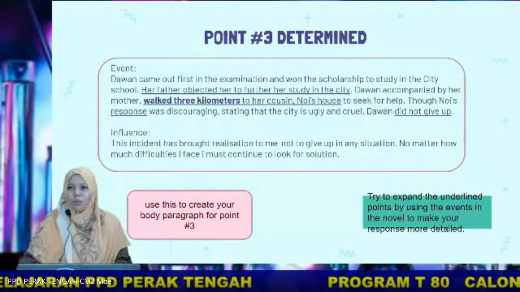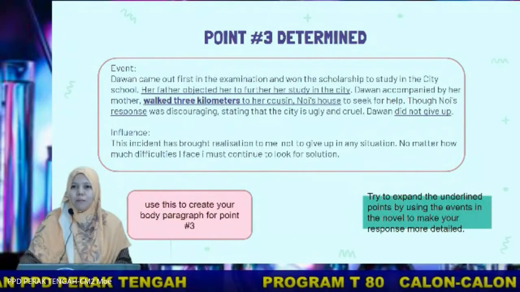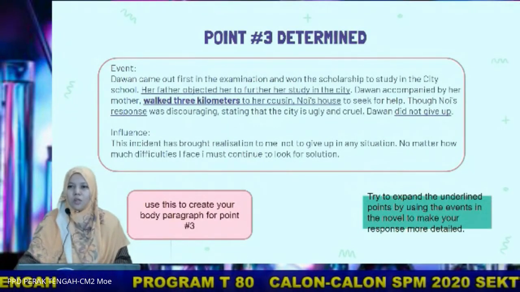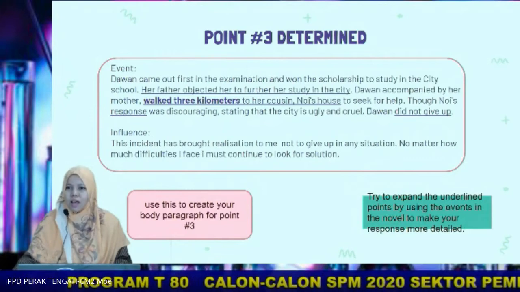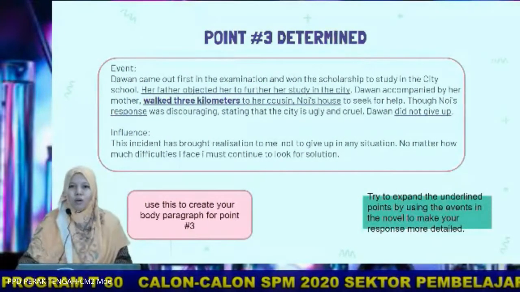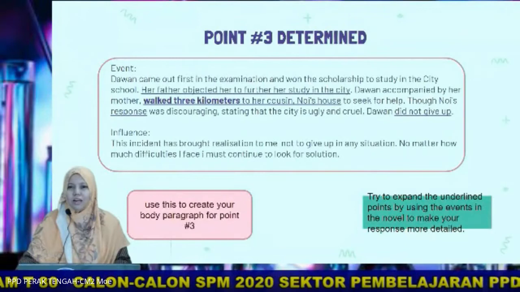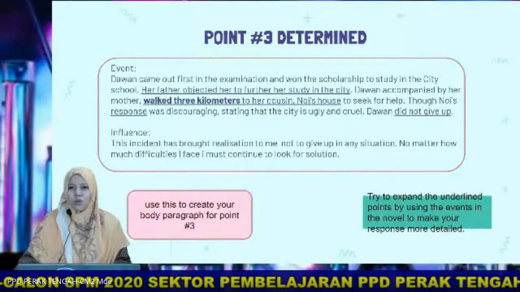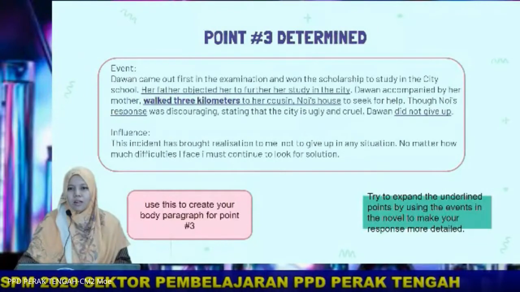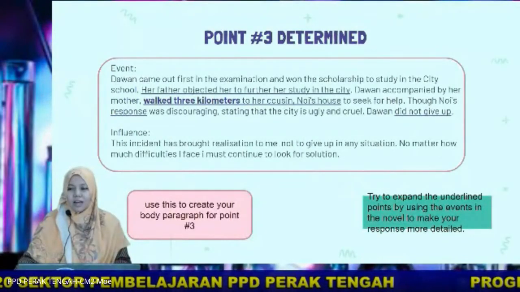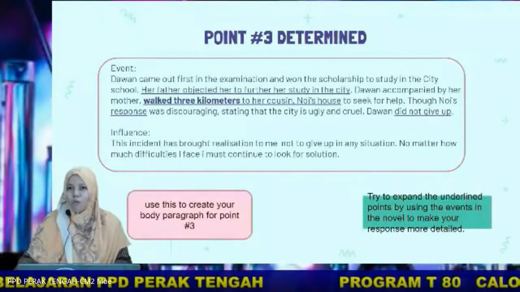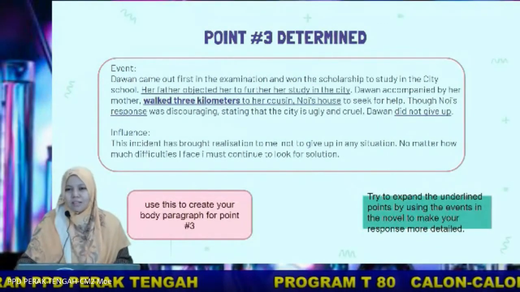Now let's look at the second point. Walk 3 kilometers. Dawan, accompanied by her mother, walked 3 kilometers to her cousin Noy's house to seek help. Can you elaborate on the underlined point? For this one, you have to make it very clear that at first, the one who suggested to go to Noy's house was the grandmother.